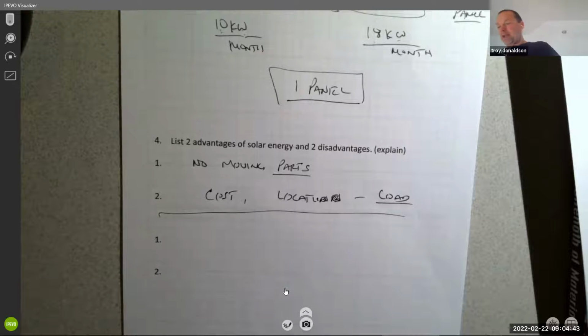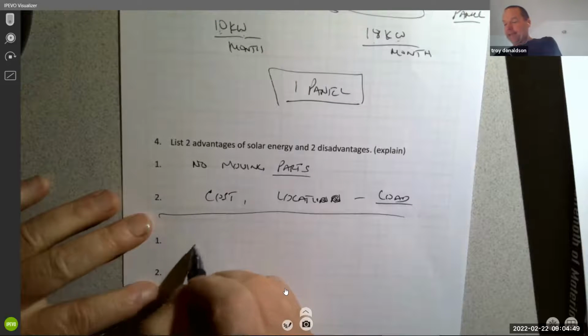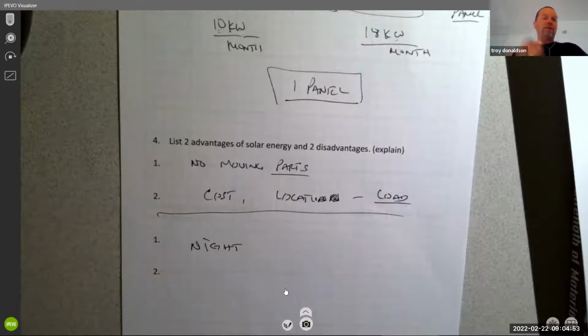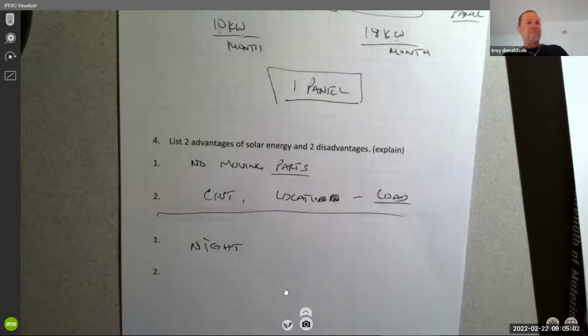All right, so then disadvantages clearly would be the lack of sun, or the night. So it's definitely a cyclical production, right? Where hydro could be continuous if you had water flowing. And wave is actually fairly continuous. There are very, very few days on our coast that don't have some form of wave action.